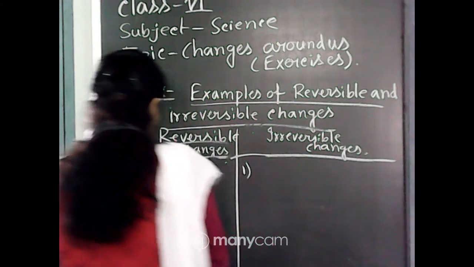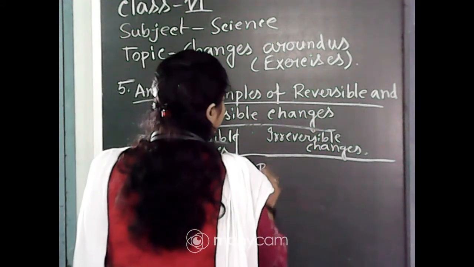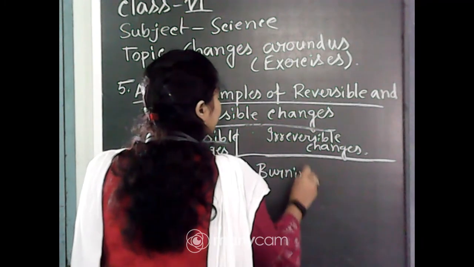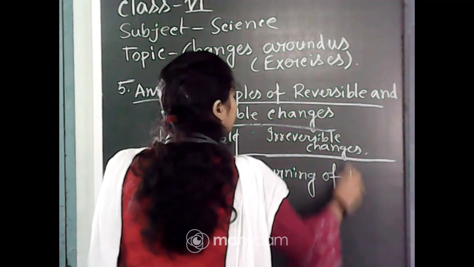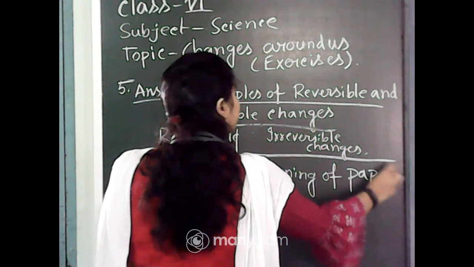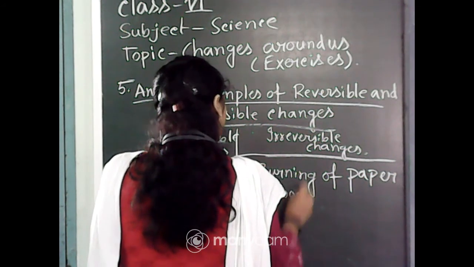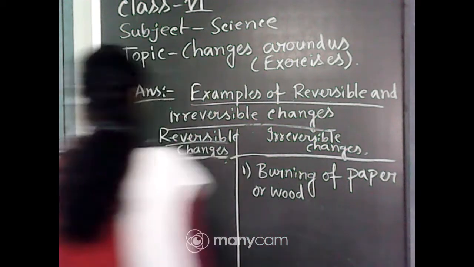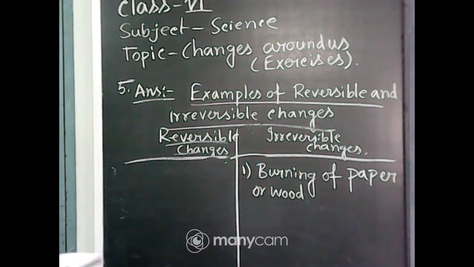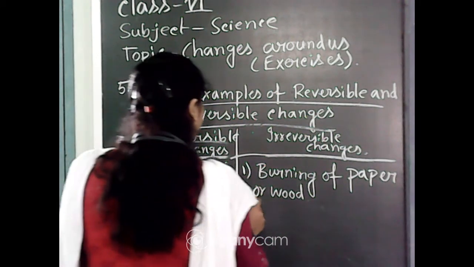First example, you can write burning of paper or wood. As we know, after burning it gives smoke and ash, which cannot become paper and wood again. So this is also an example of irreversible changes.